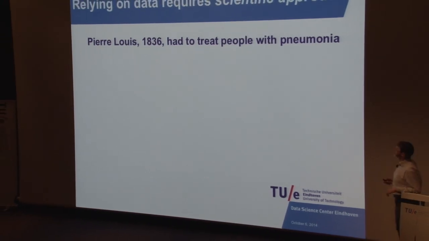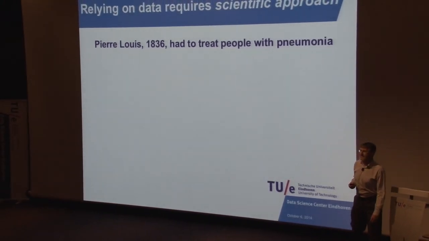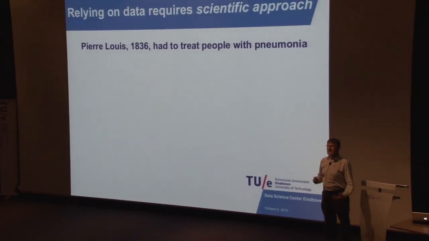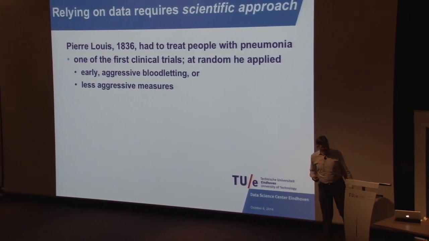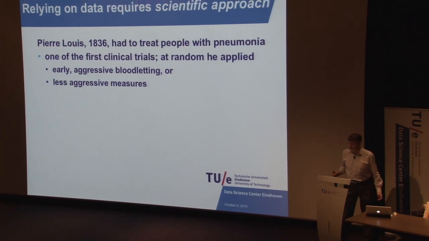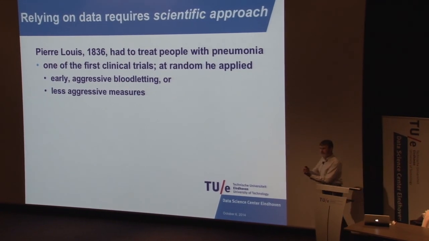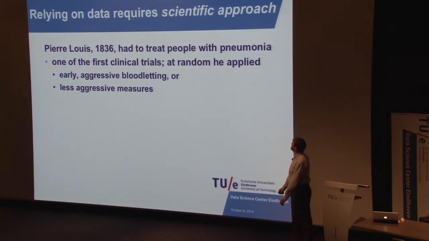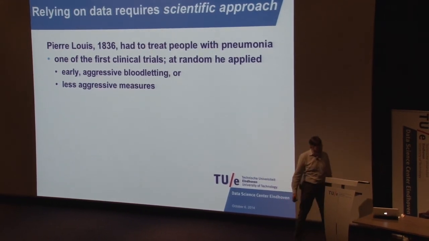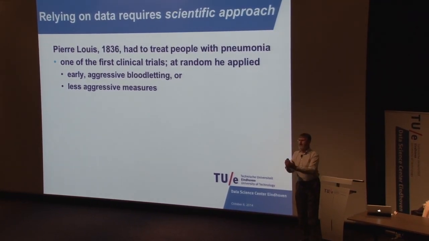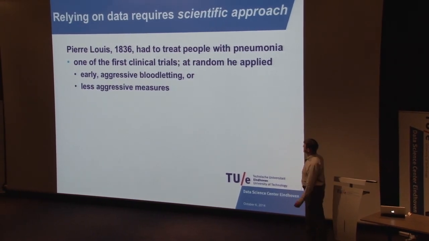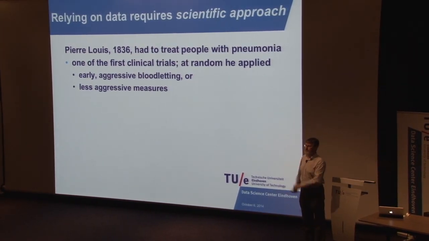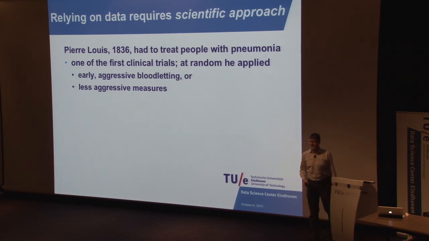And Pierre Louis was one of the first data scientists in medicine who did a controlled sort of A/B testing procedure. So it's one of the first clinical trials. What he did was, he divided the patients, in this case patients suffering from, I believe, pneumonia. He divided them into two groups. One group was subjected to bloodletting, and the other group received any number of other treatments.